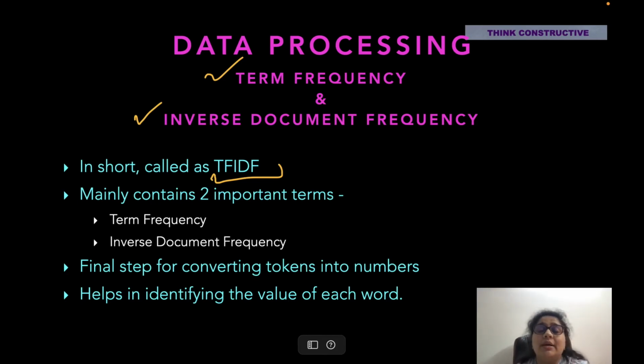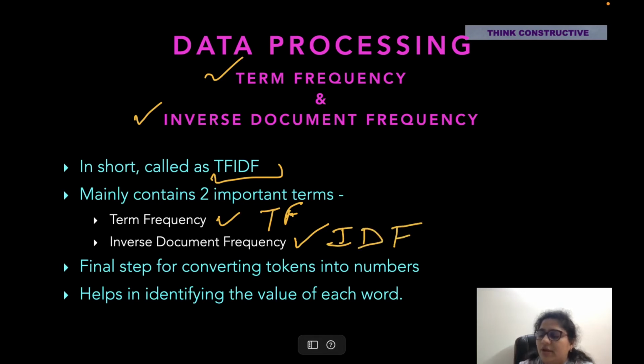It mainly contains 2 parts. Its name itself tells you, right? One is term frequency and another one is inverse document frequency. In short, we call them TF and IDF. So TF plus IDF is TFIDF. Okay, like this we can say.